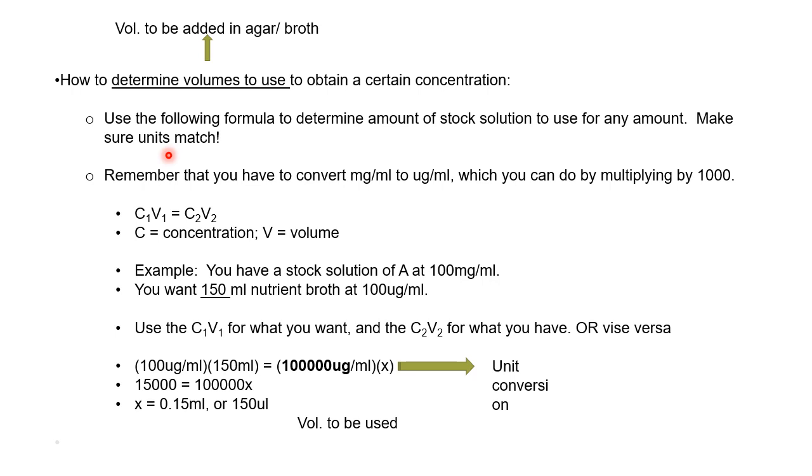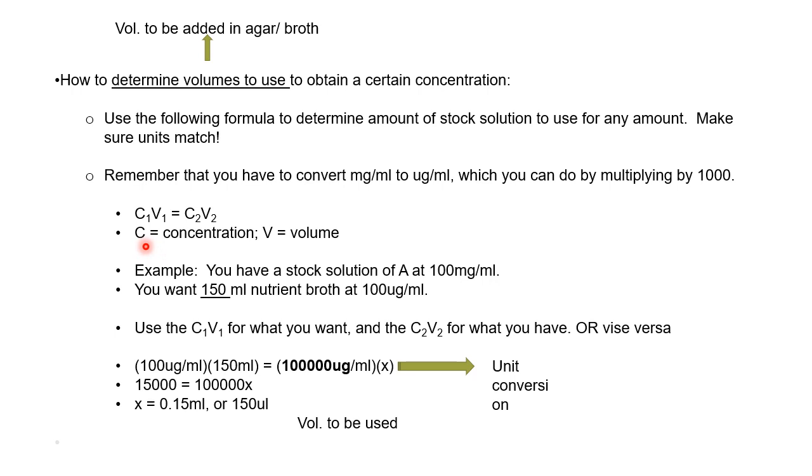Now remember that you have to convert mg per ml to μg per ml. For that you can just simply multiply by 1000, or vice versa you can convert μg per ml to mg per ml. So depending on what is feasible and easy for you, you can do the conversions. So the formula here is C1V1 is equal to C2V2.